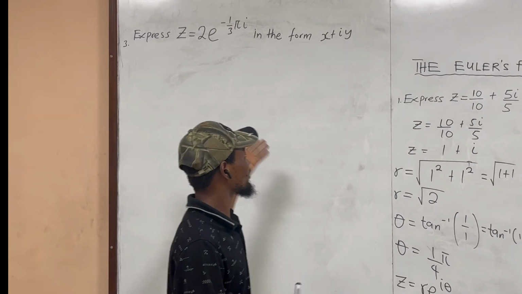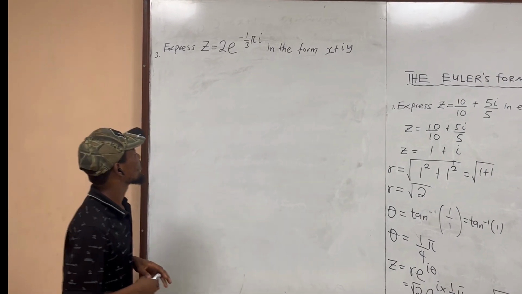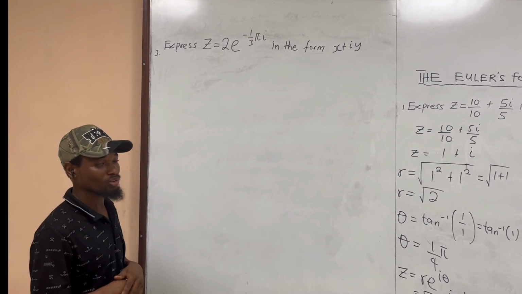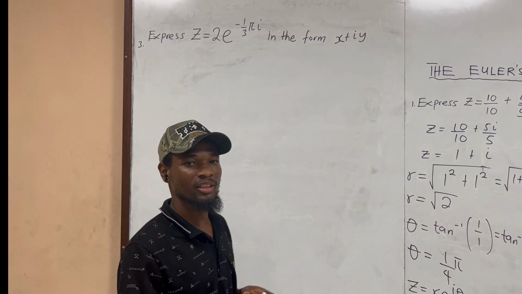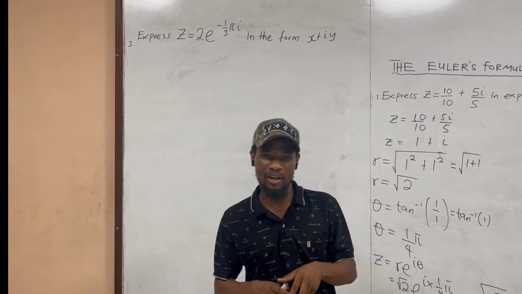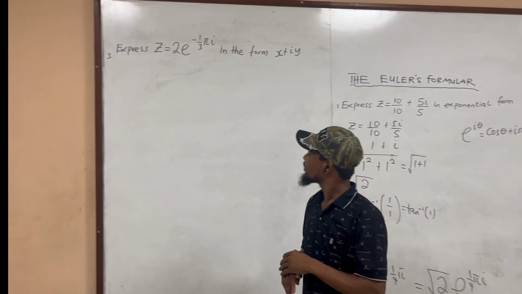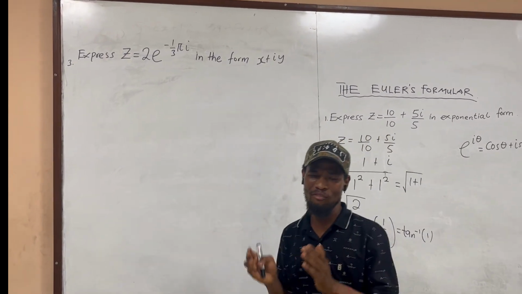So let's consider this question. Express z is equal to 2 times e to the power negative 1 on 3 pi i in the rectangular form.